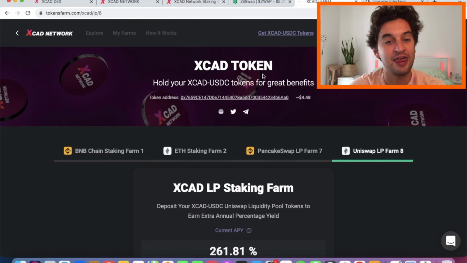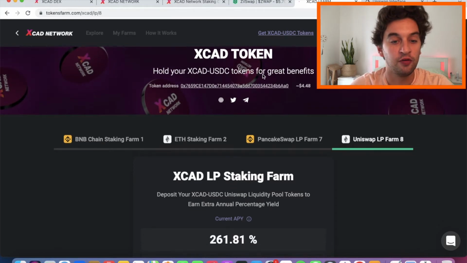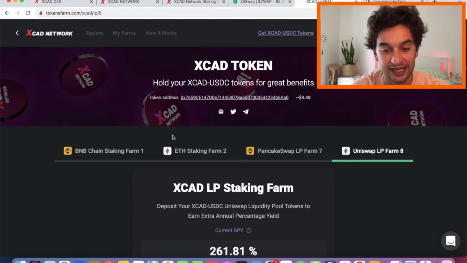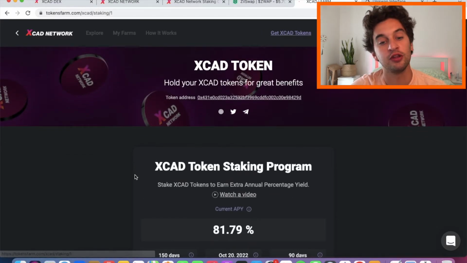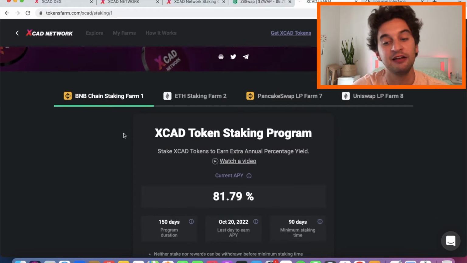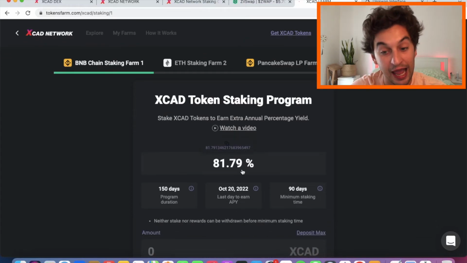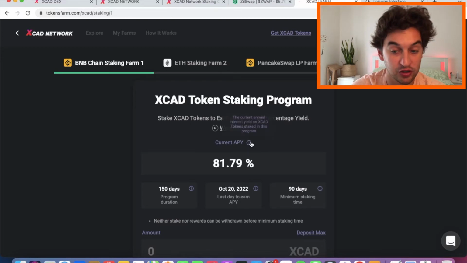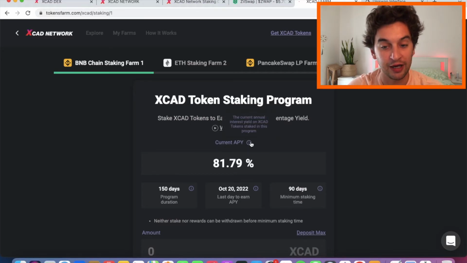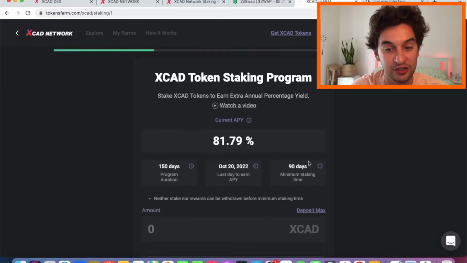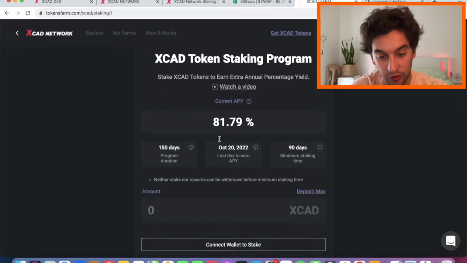Now, this is one way on ZilSwap. You then have the tokens farm over here as well, at tokensfarm.com/xcad. You have different LPs. You have the BNB chain staking farm 1, which offers you 81.79% APY, the current annual interest yield on XCAD token staked in this program. Also here, it is a very interesting XCAD token staking program.